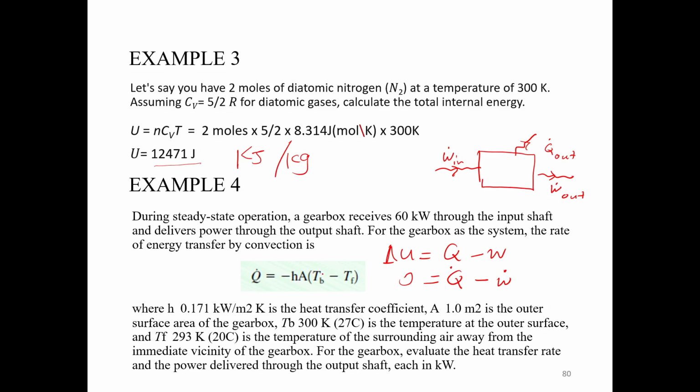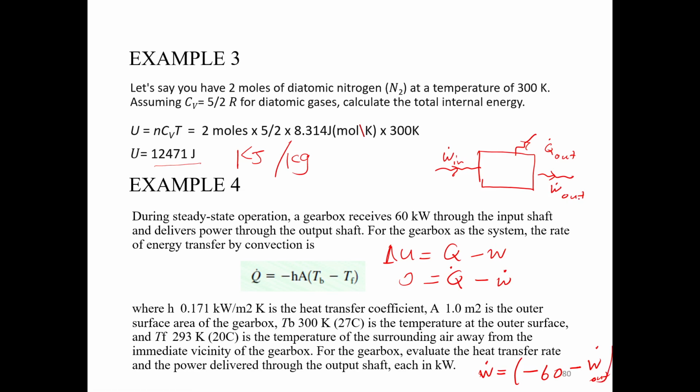H is given, A is given, TB and TF are all given. It's just a simple substitution. So you can find the Q dot, and then W dot equals Q dot in minus Q dot out, right? So the W dot here is Q in, which is minus 60 kilowatt, minus whatever the W dot out is.